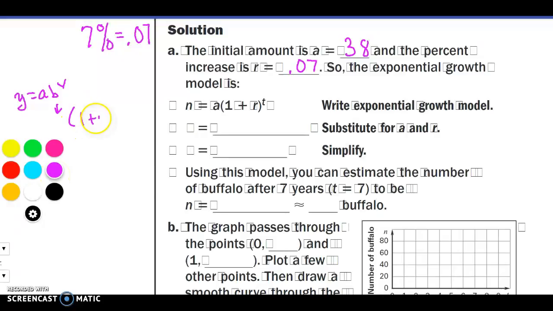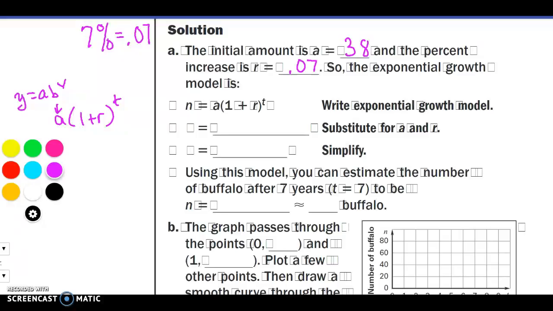So 1 plus r means we have our initial amount, a, times all of a plus a percentage more of a, and then it's over time. So the exponent we often use instead of x for exponentials is t. It means the same thing. It's just our exponent.